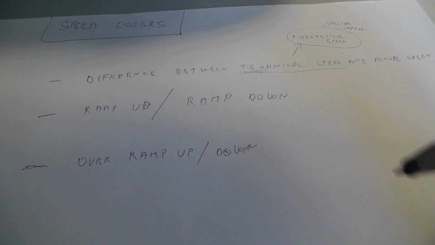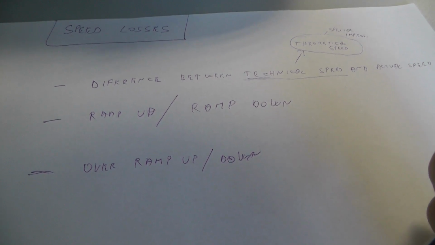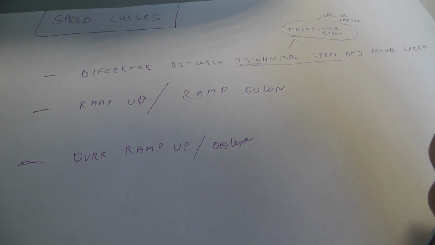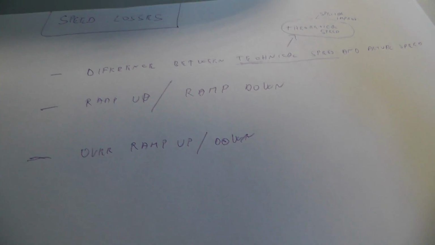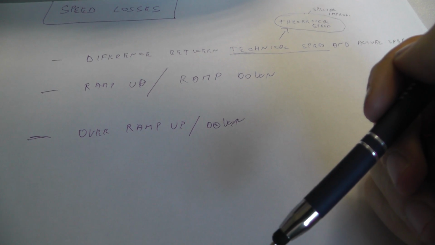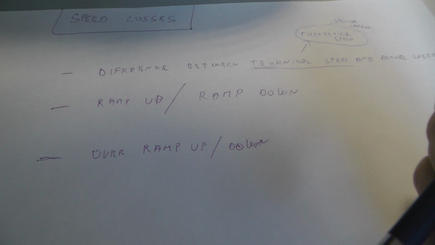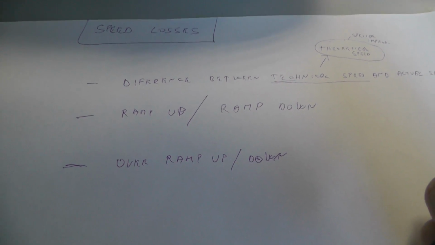So your equipment is different from the normal standard situation. Okay, so these three types are the reasons of speed losses of your machines or equipment.